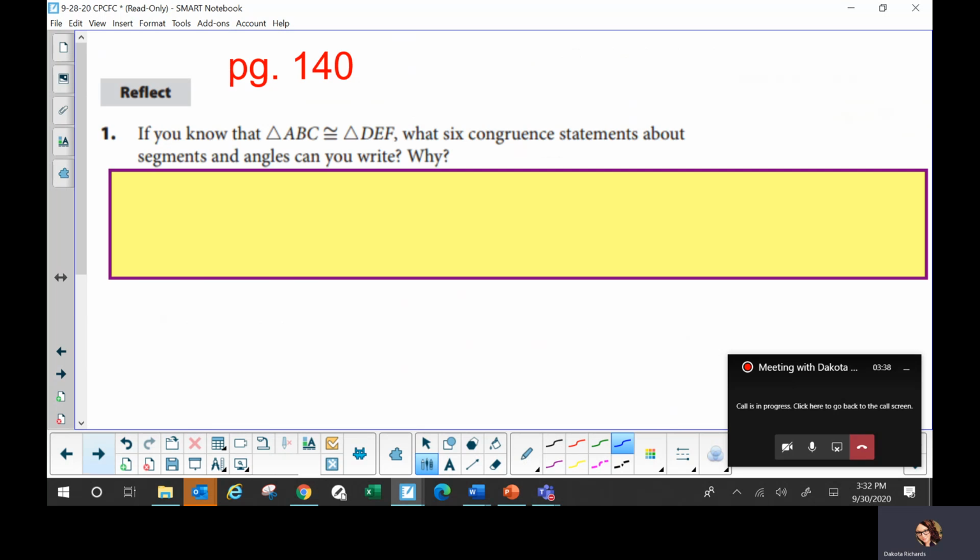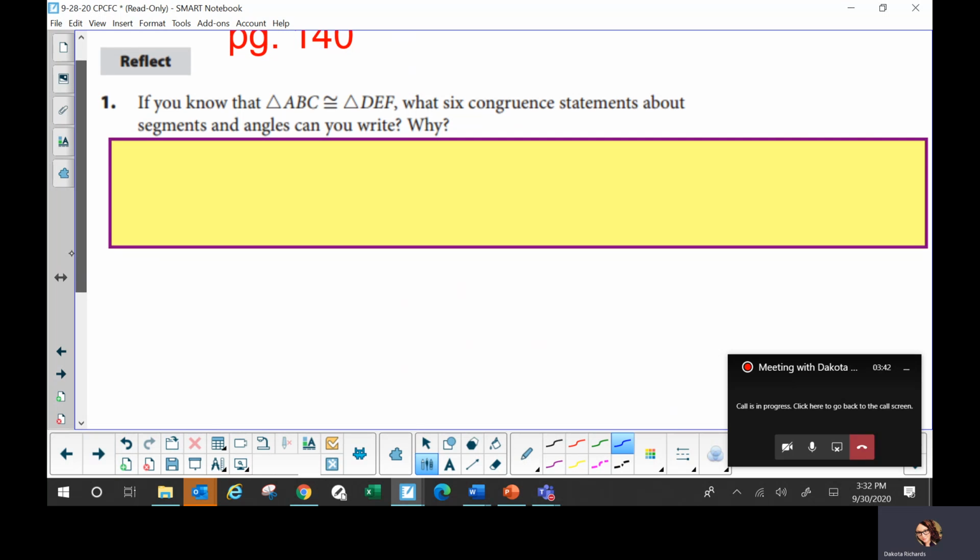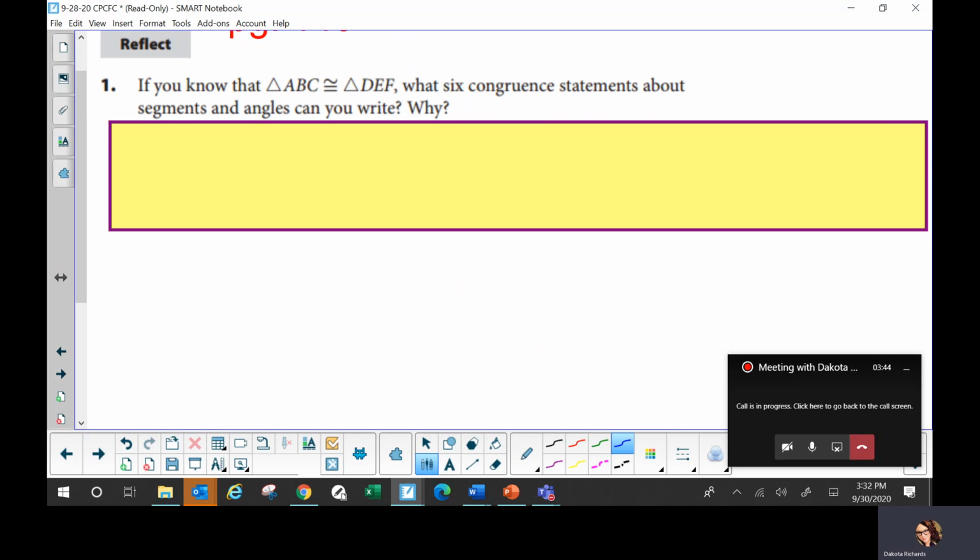So if you had this, and the book goes into a lot of detail, but I'm just going to make a picture here and write out your 6 statements. If you know that triangle ABC is congruent to triangle DEF, you can come up with 6 congruence statements about the segments and angles.